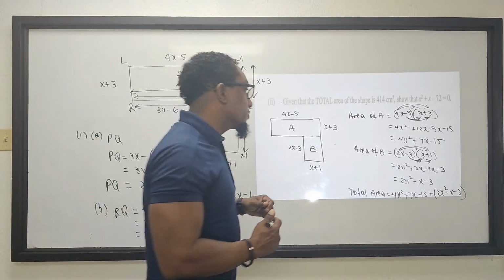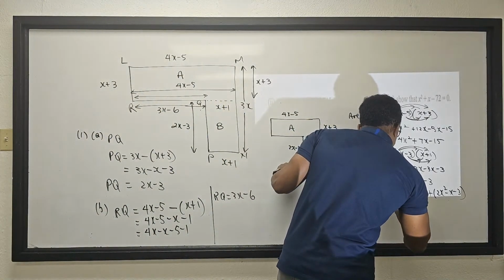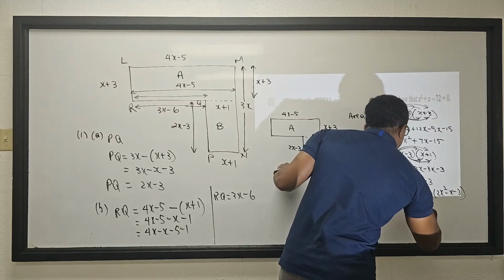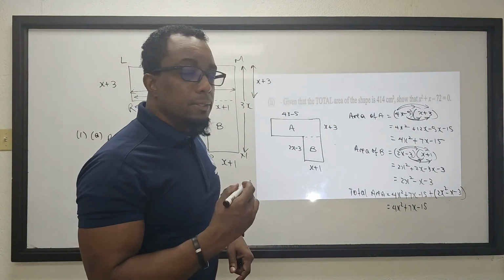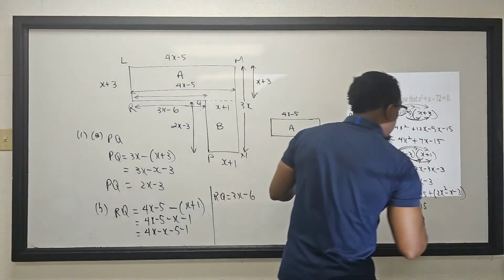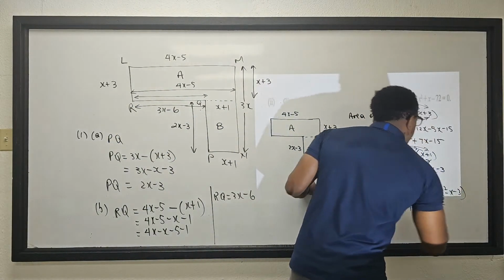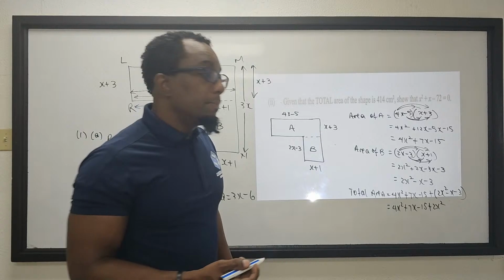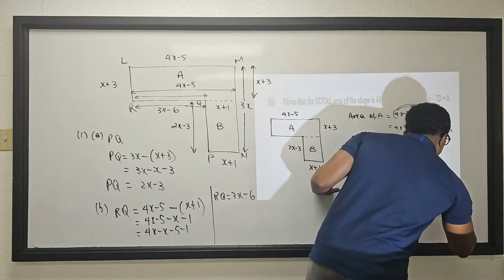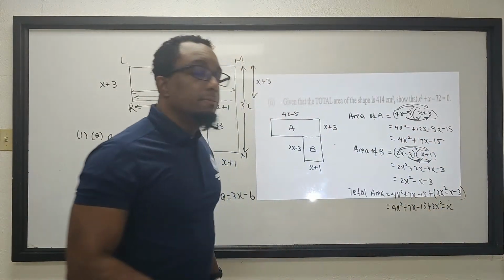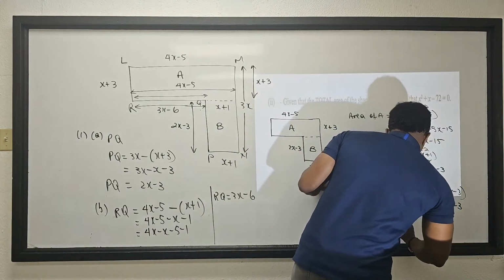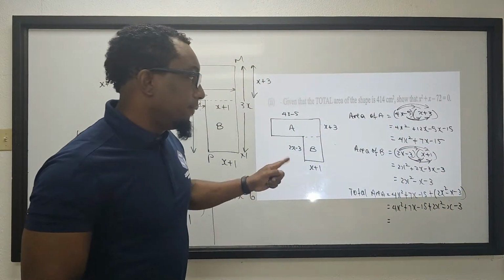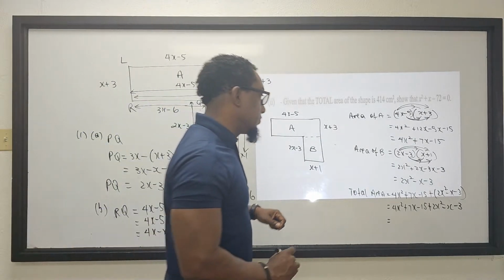So let's remove the brackets. So we become what? 4x squared plus 7x minus 15. Plus by 2x squared will give me plus 2x squared. Plus by negative x will be negative x. Plus by negative 3 will be negative 3. And this will now simplify to become 4x squared plus 2x squared will be 6x squared.